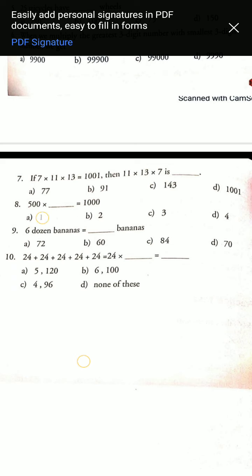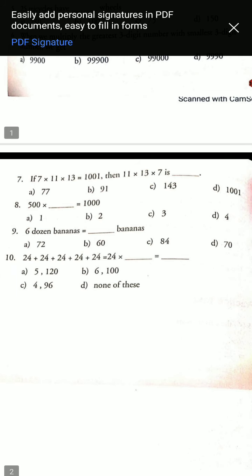See here, both are finished with 0. Then 500 has 2 zeros, here also 2 zeros. You have to cross out the zeros. Then what is left? 10. If you recall the table of 5, when we get 10, 5 twos are 10. That means here 2, so we have to fill here 2.